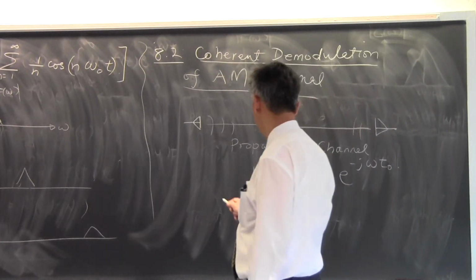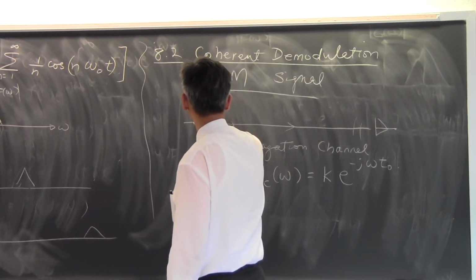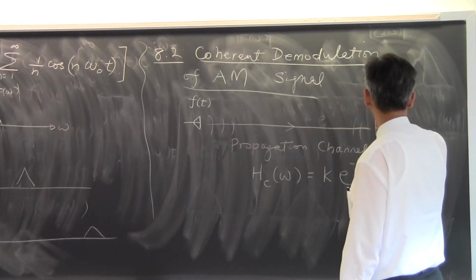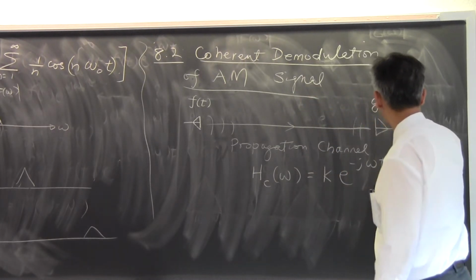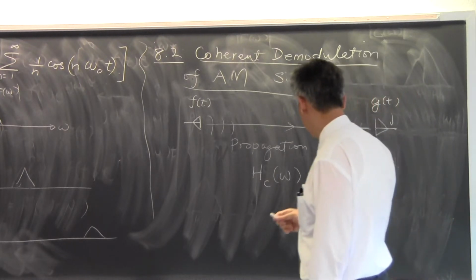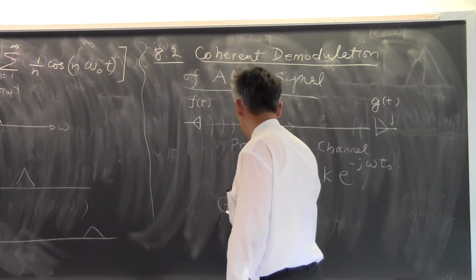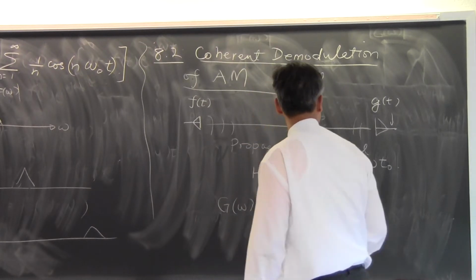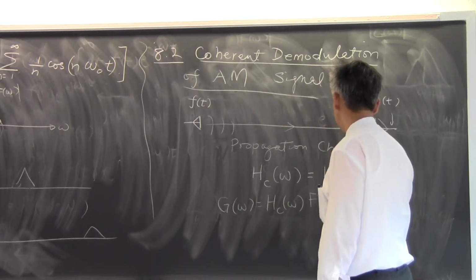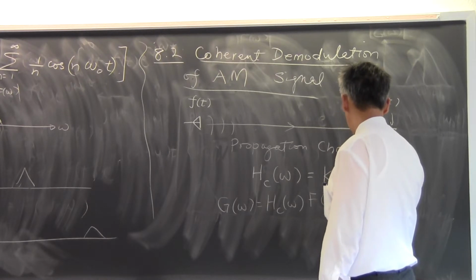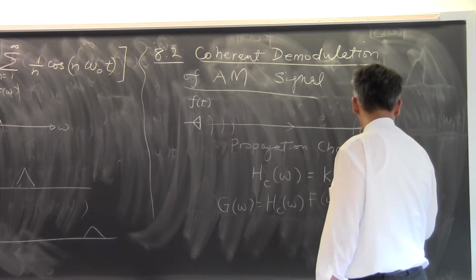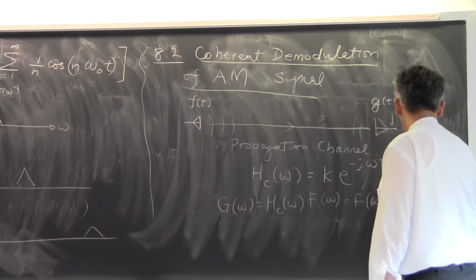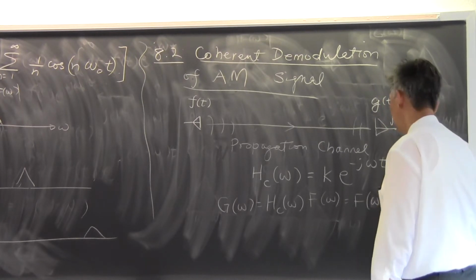If the input is f of t and the output is g of t, then you can see that g of omega is H_c of omega times f of omega, which is just f of omega times a constant times the phase shift.